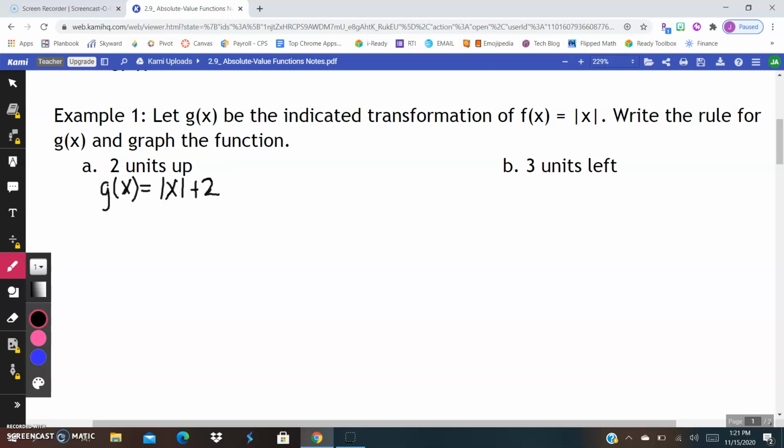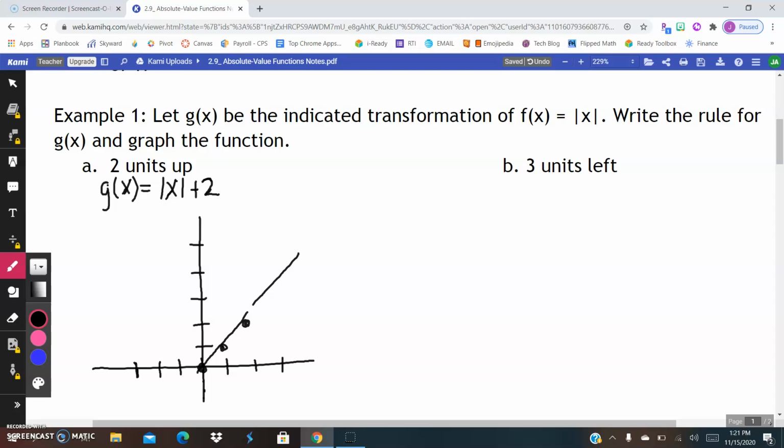And then for a graph, we're going to graph the parent function first. So remember up above, we talked about how its vertex is at 0, 0. And on the right-hand side, we have a slope of +1. So up 1 over 1 here for a couple of dots. And then on the left-hand side, it's -1. So up 1, left 1 for a couple of dots.